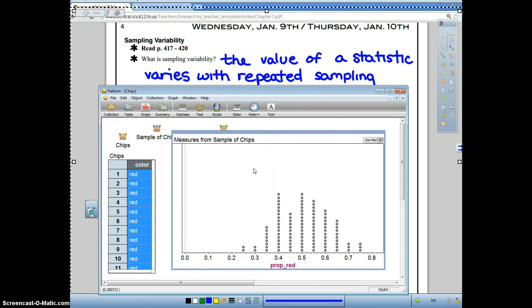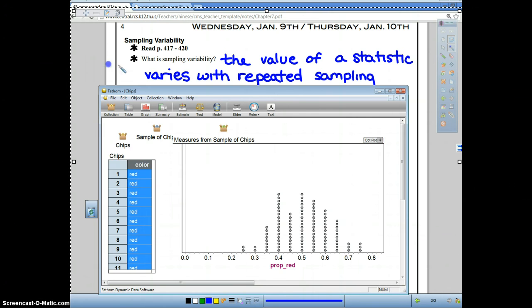A sampling distribution is where you take all possible samples of the same size, so in this case size 20, all possible ones, and I find the proportion or whatever other statistic I'm looking for each one, and then I make a distribution of those statistics.